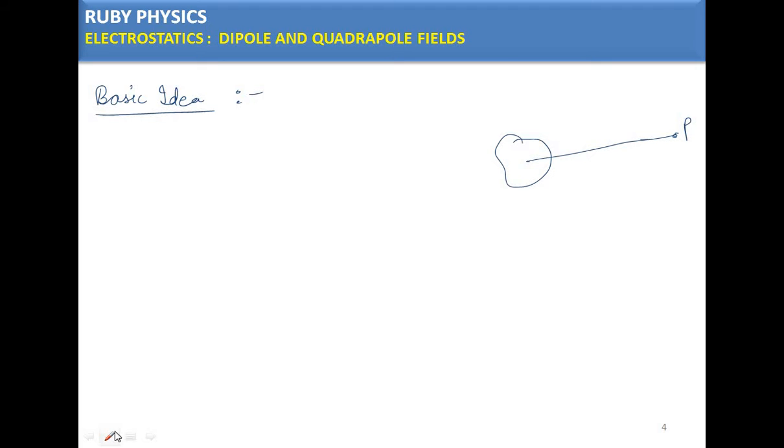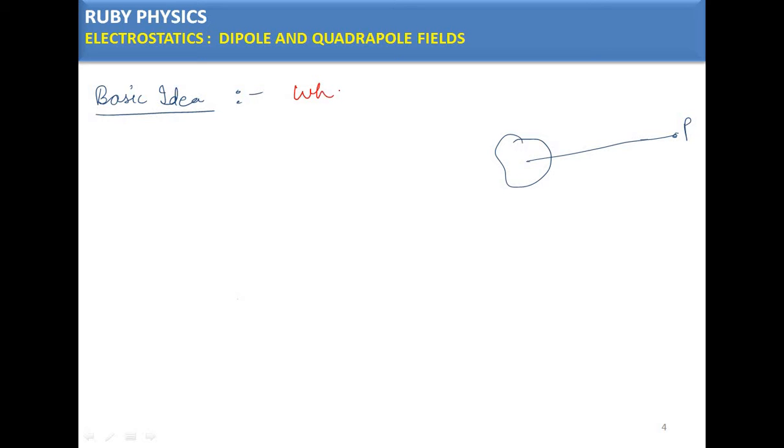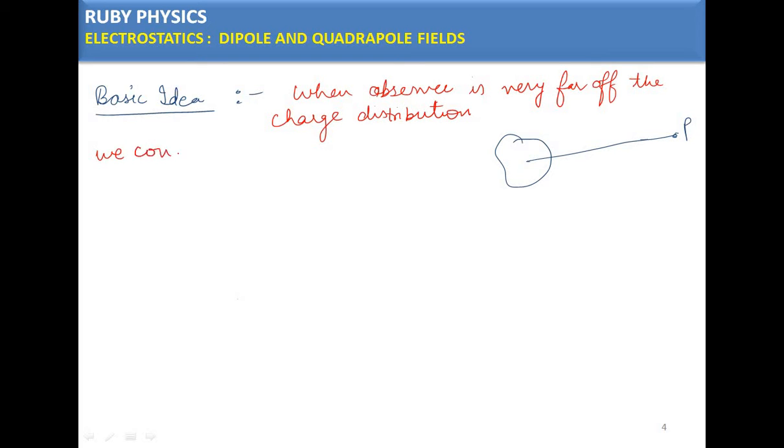Note this point: if the observer is very far off from the charge distribution, then we consider it as a point charge, and hence we take it as a monopole.